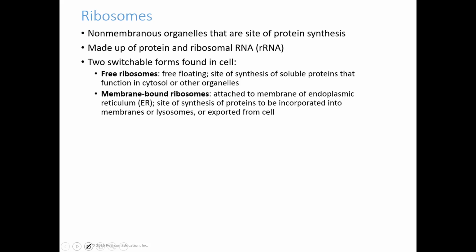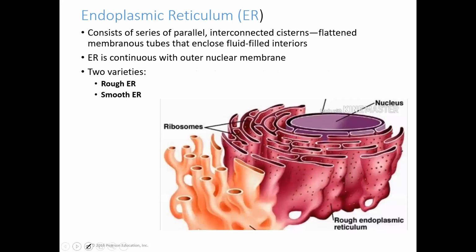But most of the ribosomes are bound to the endoplasmic reticulum, which looks like a series of tubes which surround the nucleus. Now, for the image here, you have to use a little bit of imagination. The endoplasmic reticulum completely surrounds the nucleus like a ball. The nucleus is a ball, and you have a larger ball surrounding it. That ball, these flattened tubes, are the endoplasmic reticulum.